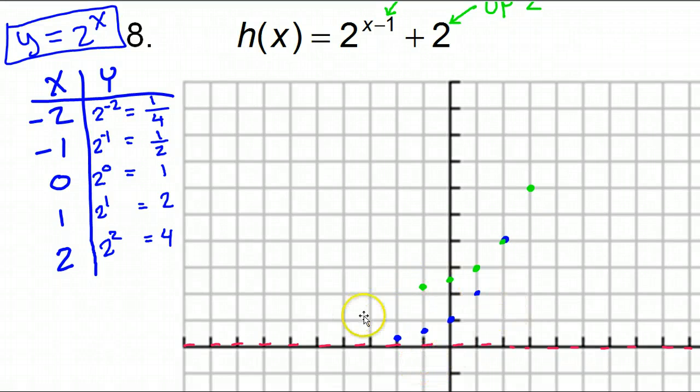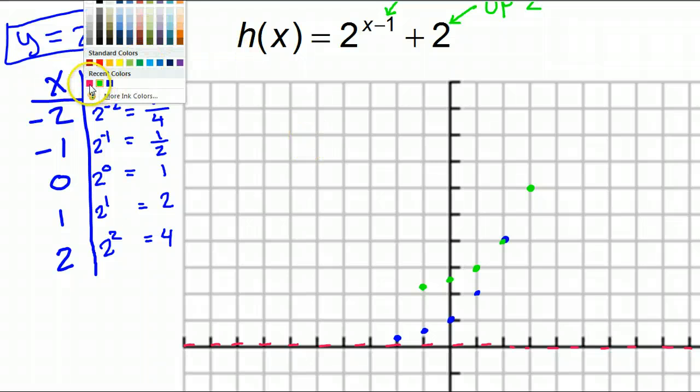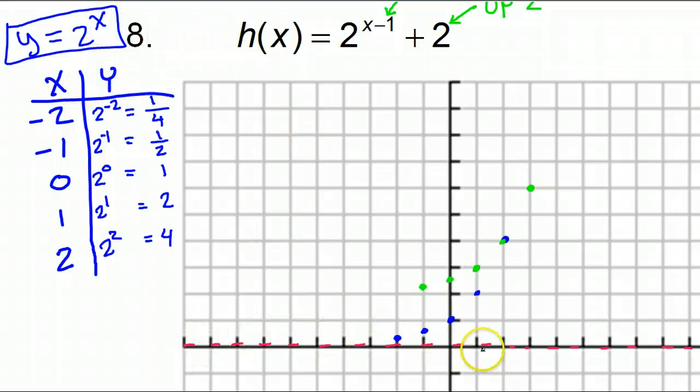Okay, so that's it. Now as far as the asymptote, the original asymptote was at 0, so if I move it up 2, then it'll be here. Of course we knew that, we know that whatever this number is, that's where the asymptote's going to be, but it's good to see sort of why that is.